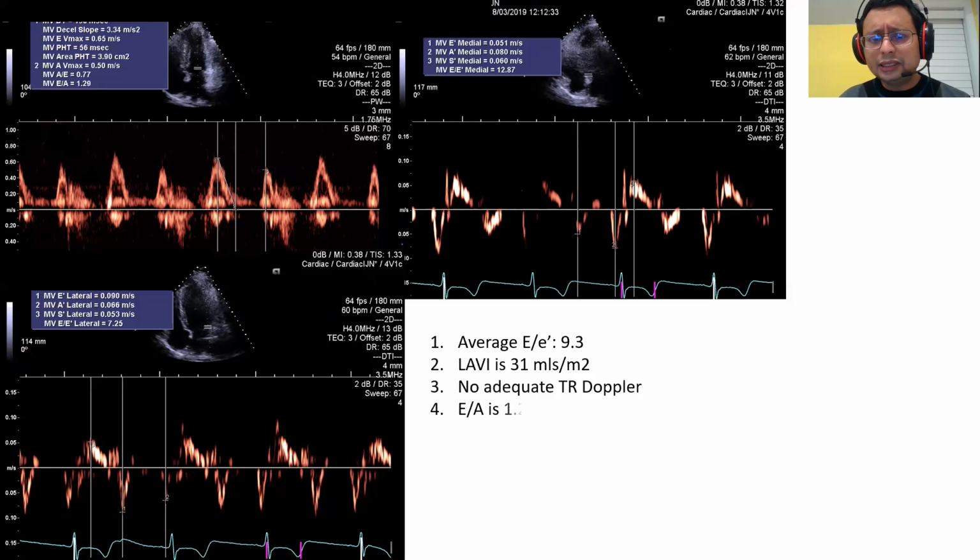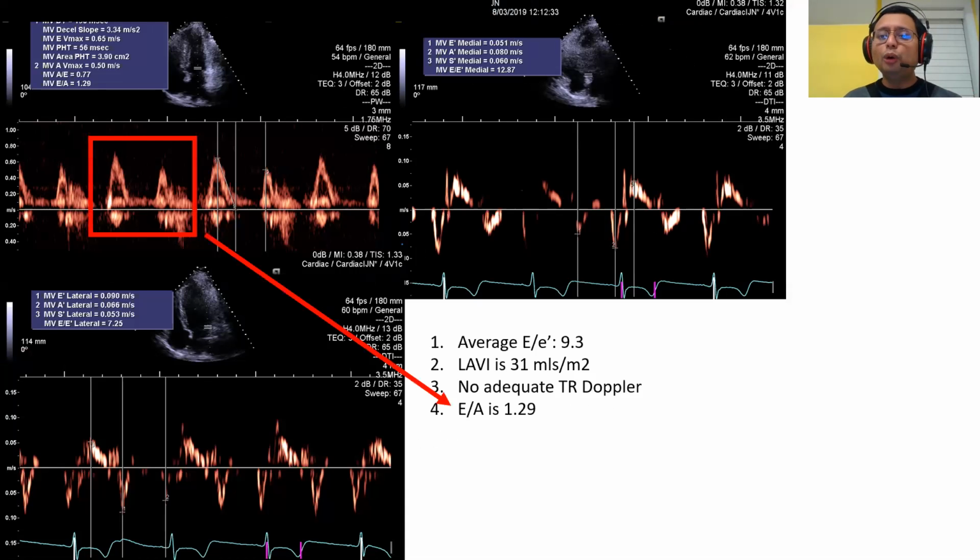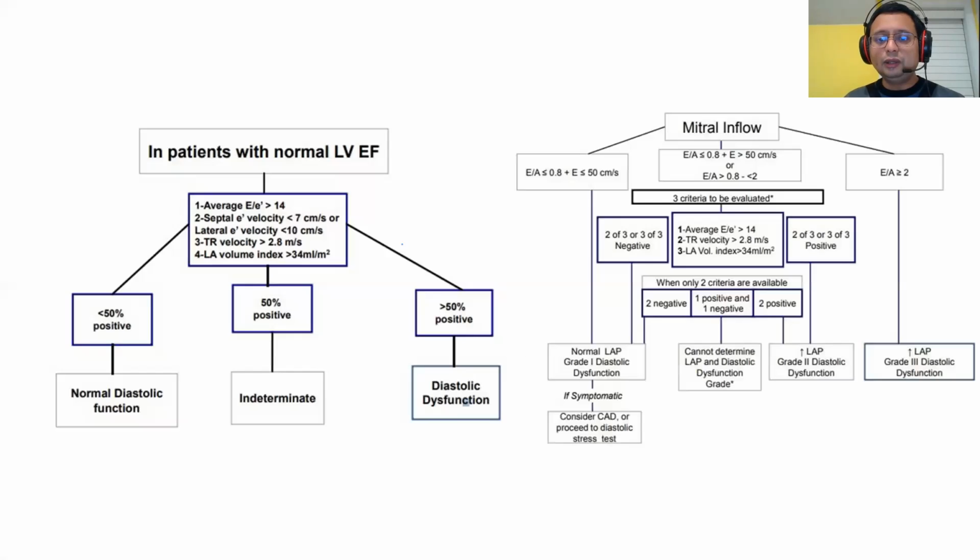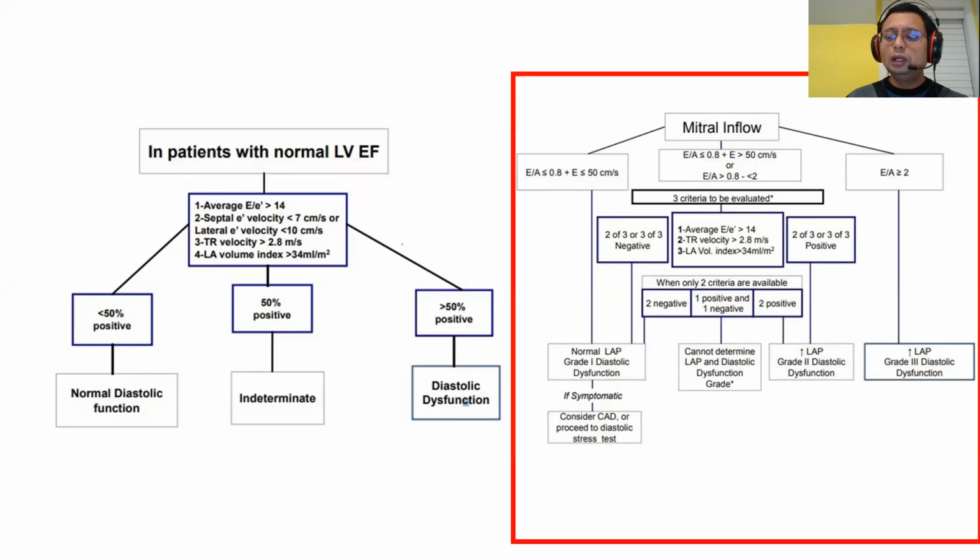Let's look at the parameters here. The patient has E over A that is 1.29. E over E prime is 9.3. LAVI is 31. As I told you, this patient has myocardial disease, so don't need to go to algorithm 1, go straight to algorithm 2. In algorithm 2, the patient is at the middle.